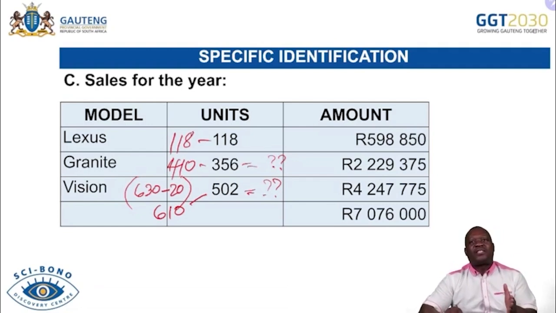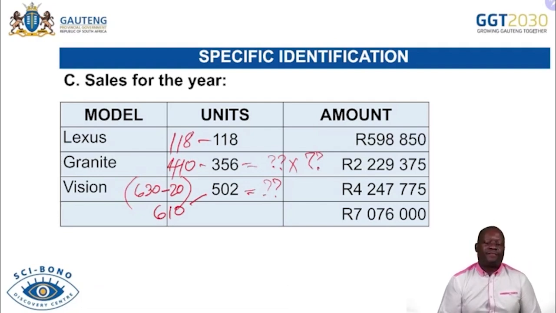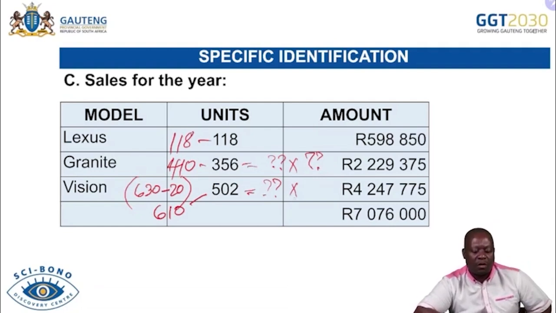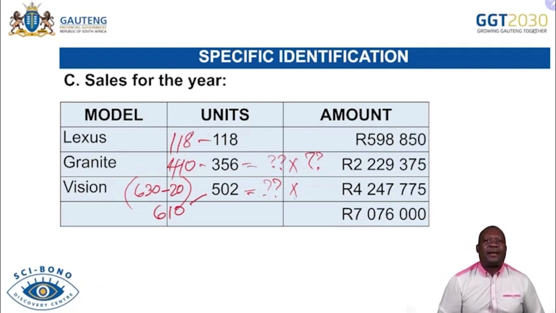How many units are still there? Now, when you have established how many units are still there of the granite, you multiply by the price for one granite. You do the same with the Vision. You multiply by the price for one Vision. And then you can find the value of your closing stock. And when it comes to the Lexus, remember, nothing is left because we sold all of them.